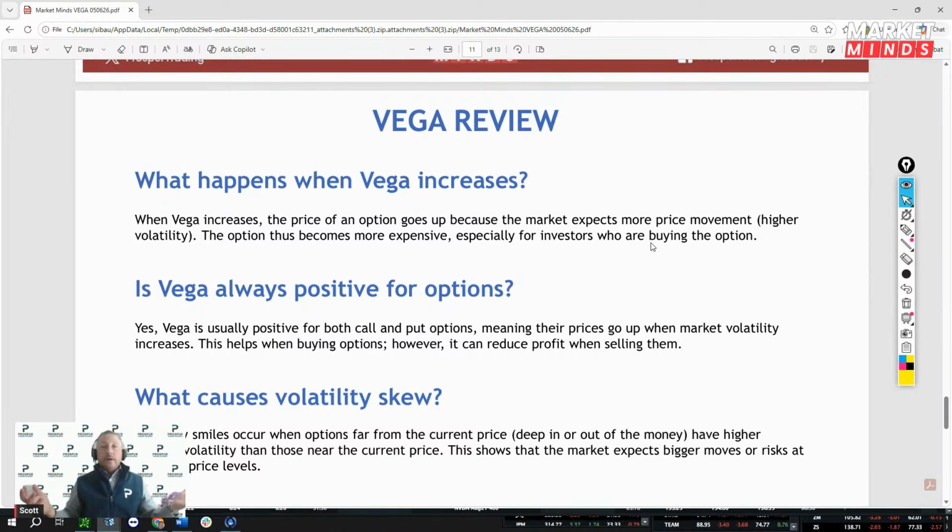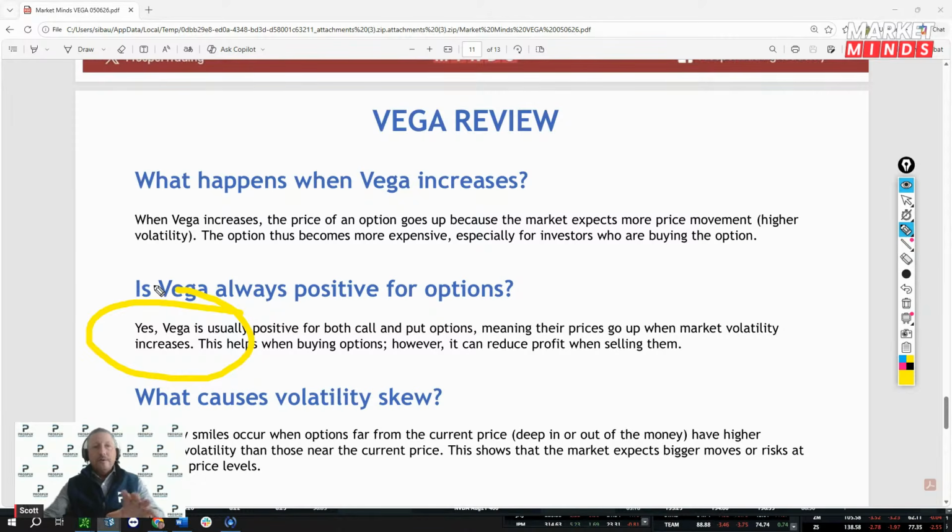Because the market's pricing in more movement. Okay, just kind of makes sense that way, right? The longer the expiration on something, the more something can happen, the higher the volatility risk component to it. Is Vega always positive for options? The answer is yes.